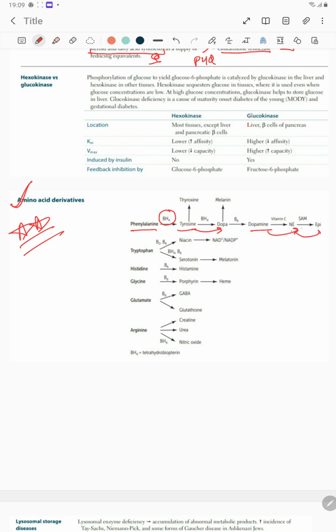The conversion of norepinephrine to epinephrine requires S-adenosyl methionine. Tryptophan forms niacin and serotonin, which further forms melatonin. Histidine forms histamine. Glycine forms porphyrin and then heme. Glutamate forms GABA as well as glutathione. Arginine forms three structures, which include creatine, urea and nitric oxide.